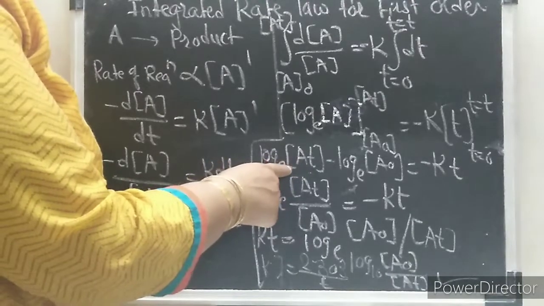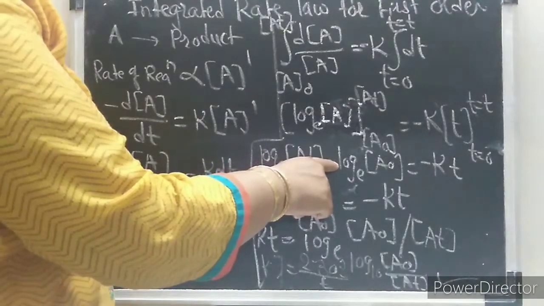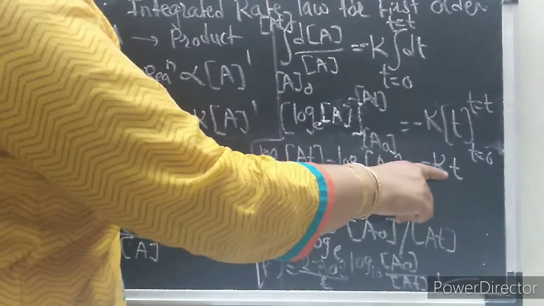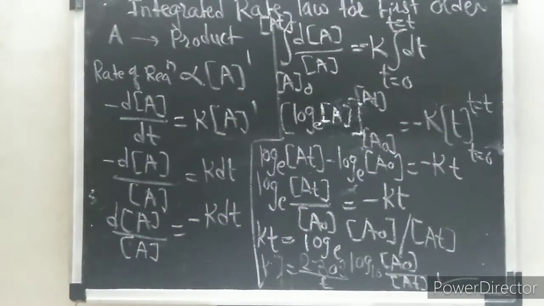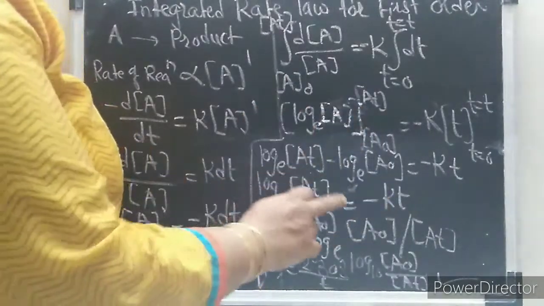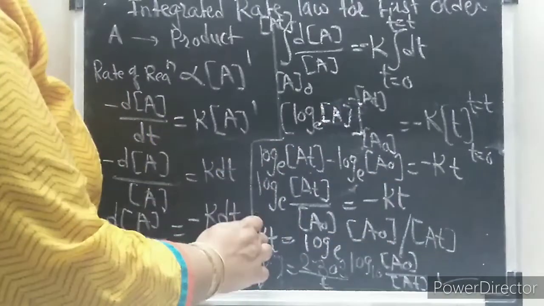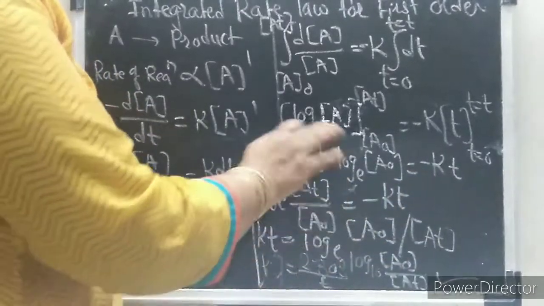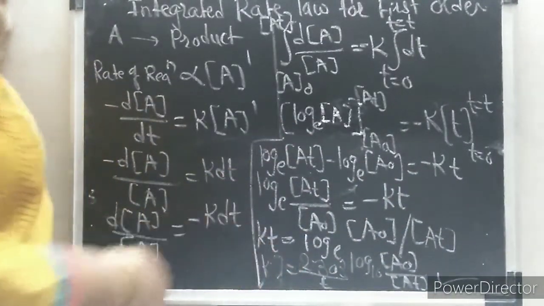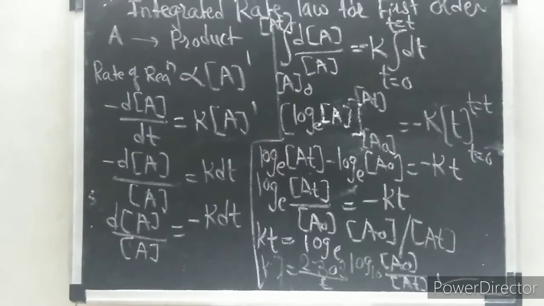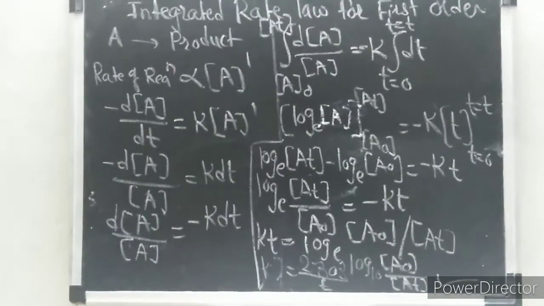Log to the base e concentration of At minus log to the base e concentration of A0 is equal to minus Kt. t is equal to 0 means 0. So log to the base e At upon A0 is equal to minus Kt. So sign will change. So plus Kt is equal to log to the base e A0 upon At. Just convert. So K is equal to 2.303 upon t log to the base 10 A0 upon At. This is the integrated rate law for first order reaction.